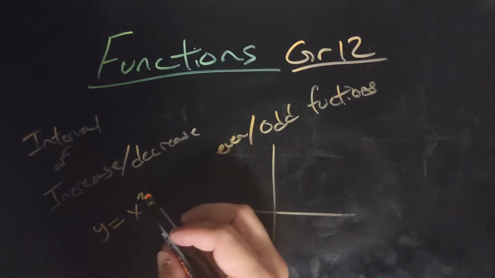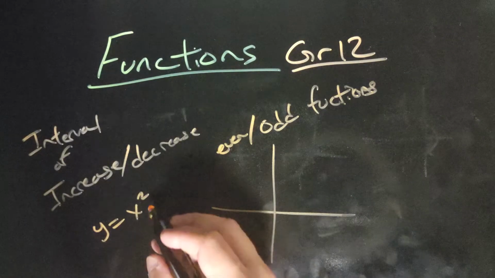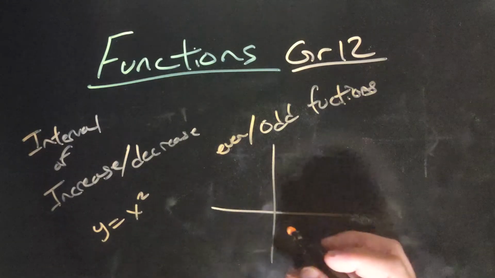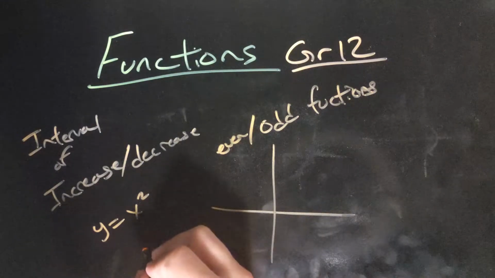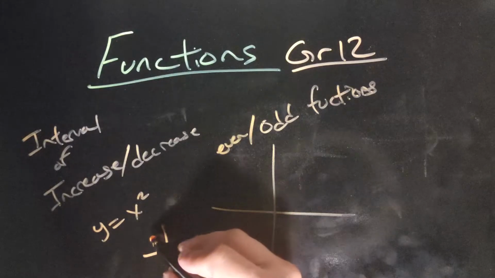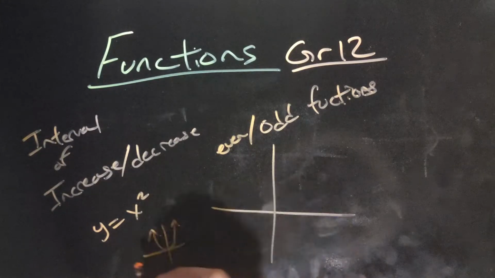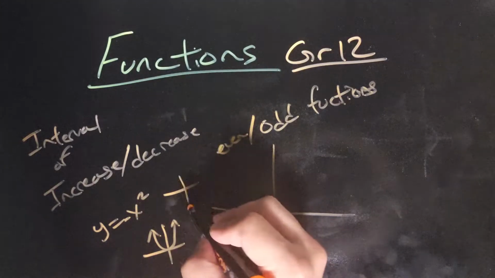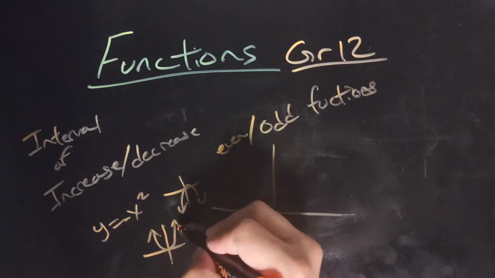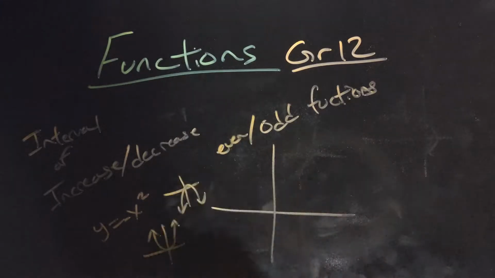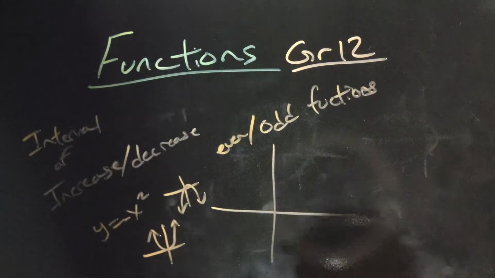This is even because 2 is an even number, and what happens is that y equals x squared will do this. It'll come from up and finish it up, or if you do negative, it'll be like this. It'll come from down and end it down. So it's an even function.